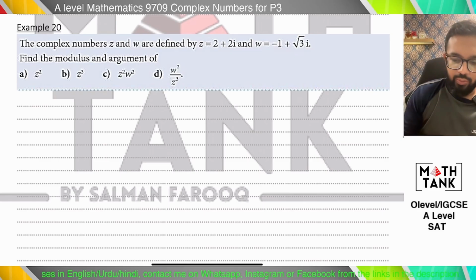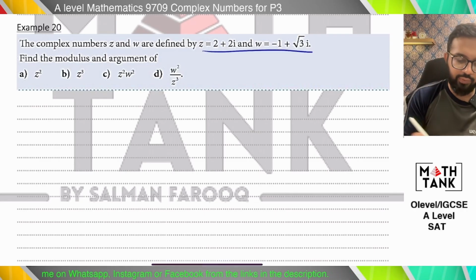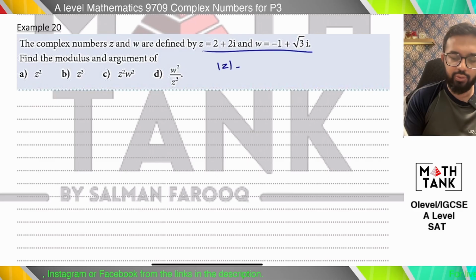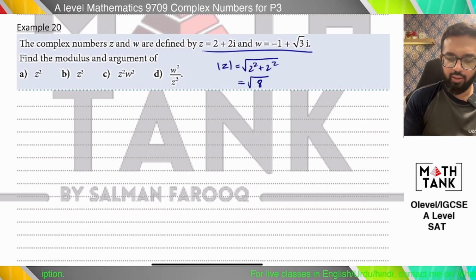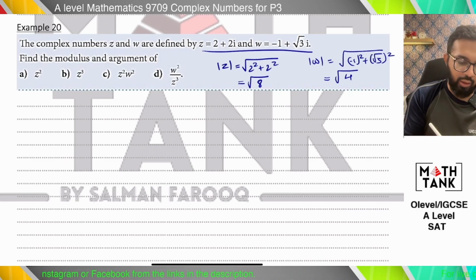So what I'm going to do is first calculate the modulus of these two numbers and the argument of these two numbers. So mod of z is root of 8, and mod of w is 4. Then let's just focus on the mods for now.